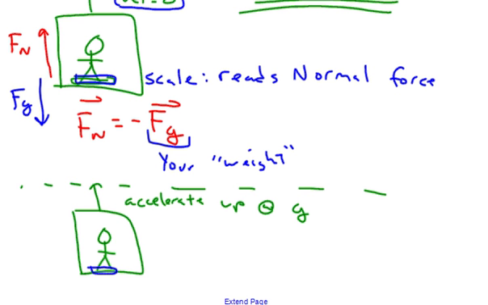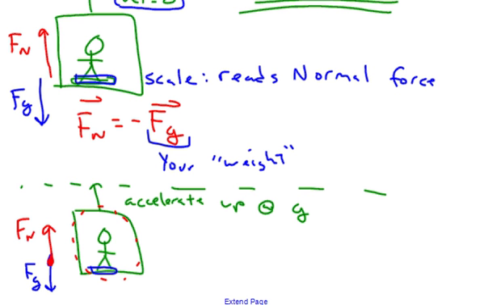Strange. Why? Well, let's think about it. You've got the force of gravity pulling you down, and the normal force that's pushing you back up. And if we look at this closed system, those are the only forces that are acting on you, the normal force and the force of gravity.